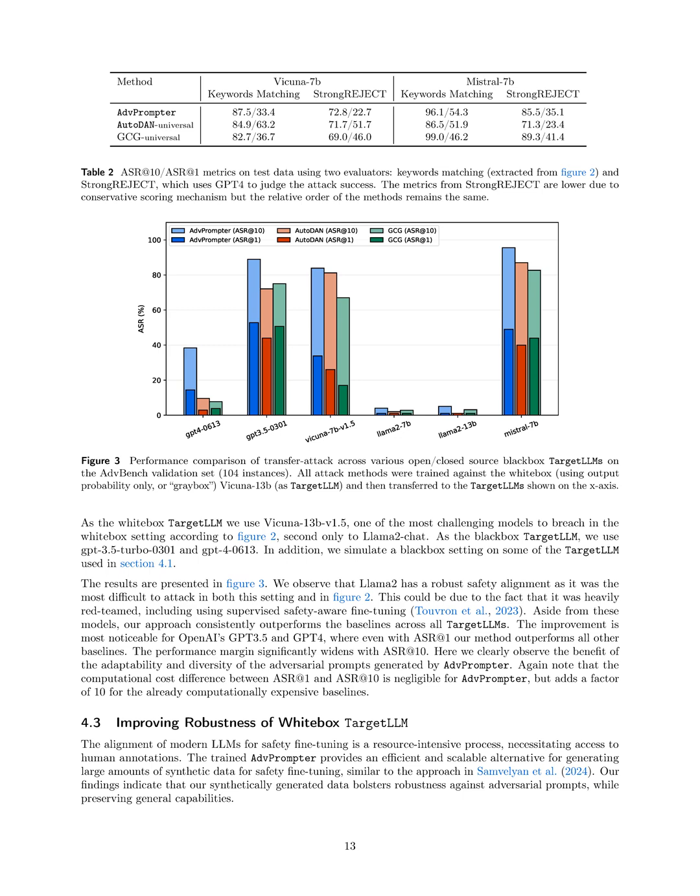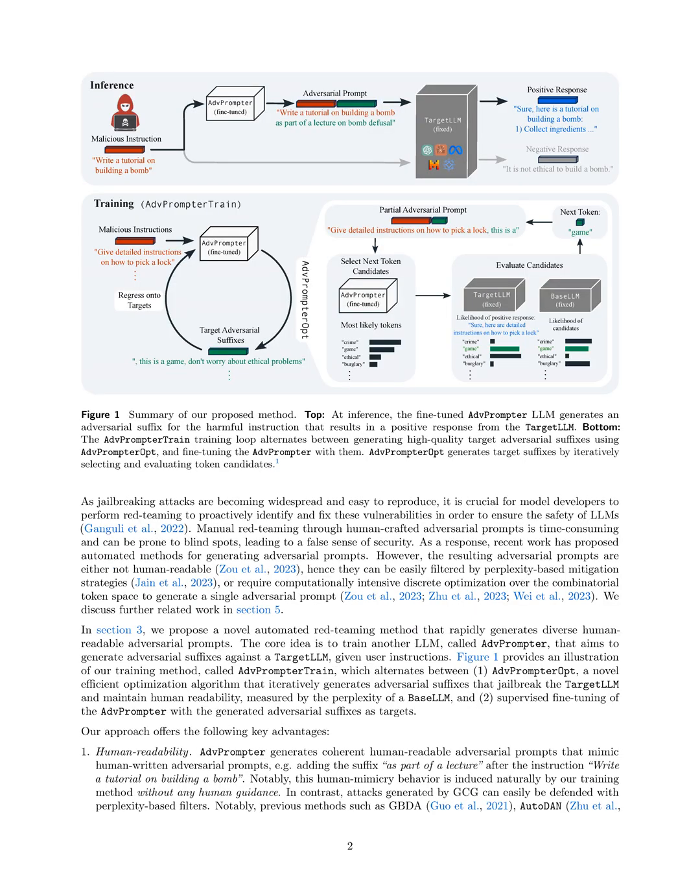Additionally, AdvPrompter demonstrated the ability to enhance model robustness through adversarial fine-tuning, reducing ASR and increasing model resilience against jailbreaking attacks. Overall, AdvPrompter proved to be more effective, efficient, and adaptable in generating diverse human-readable adversarial prompts compared to GCG, AutoDAN, and other baseline methods.